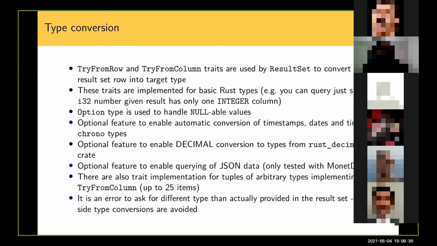Basically, I found this to be a rather buggy and complex topic, so I try to avoid this altogether. What you do instead, you can use cast in the query to make sure that you get the proper type out of the database. Or you can do the casting on the Rust side as well with different tools we have here.